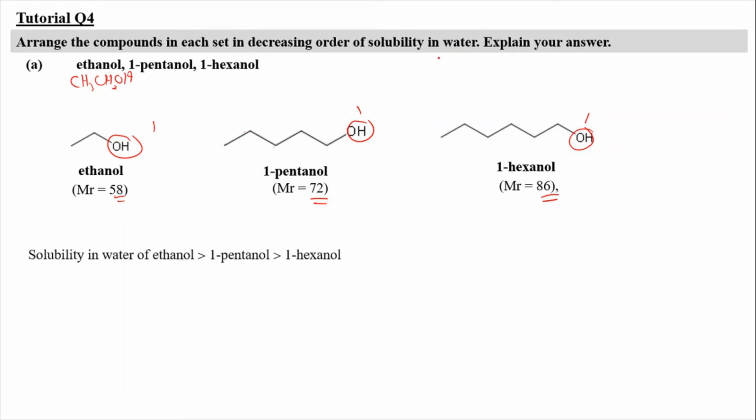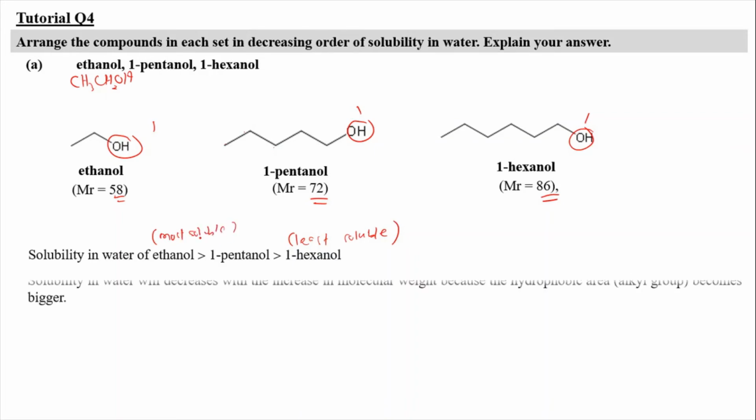So what you can say is that the solubility in water of ethanol is better than 1-pentanol and 1-hexanol, because the larger the alkyl group, the more it increases the hydrophobic area and hence causes it to be less likely to dissolve in water. So 1-hexanol is going to be the least soluble in water. Ethanol is the most soluble.